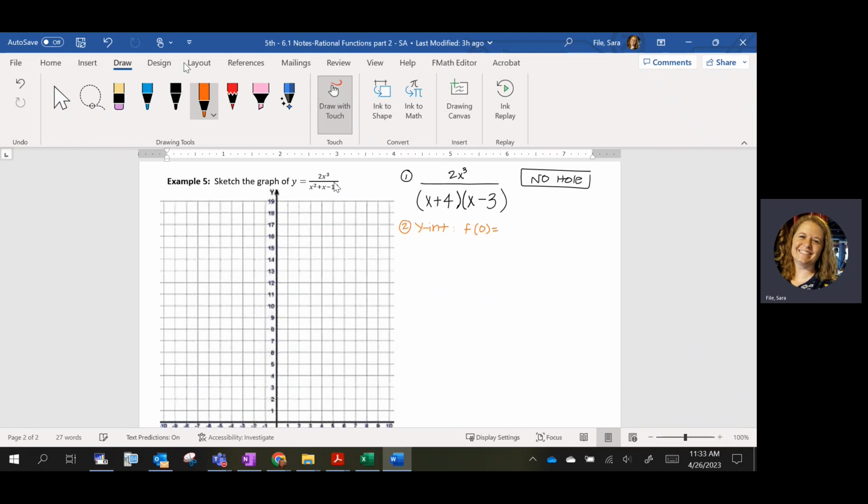I can go back to the original. So if I plug in a 0, I end up with 0 over 12, which is 0, so I've got another y-intercept at the origin. So I can plot that point.